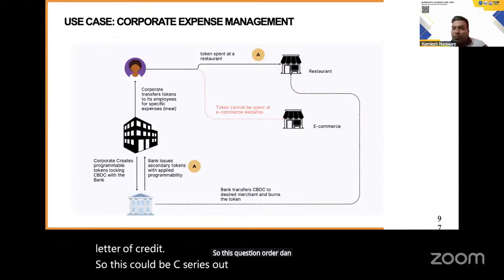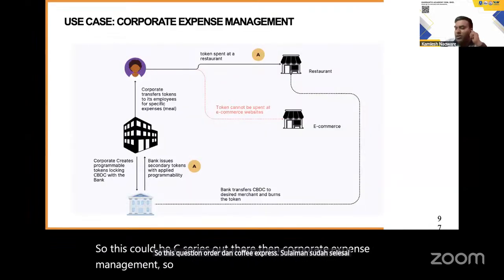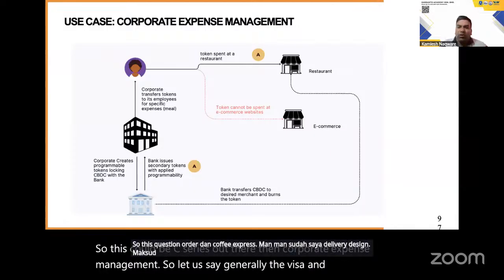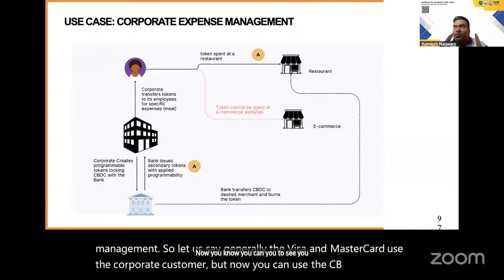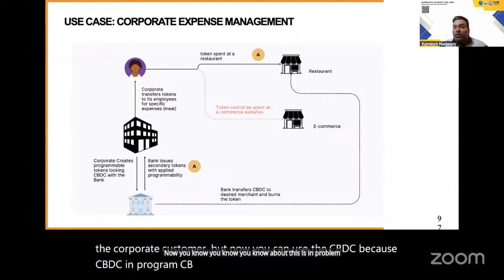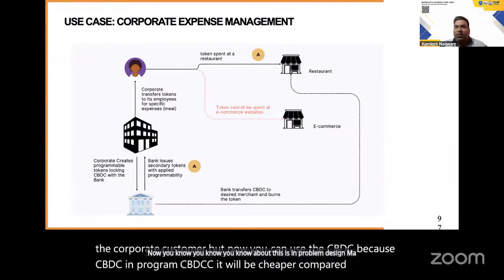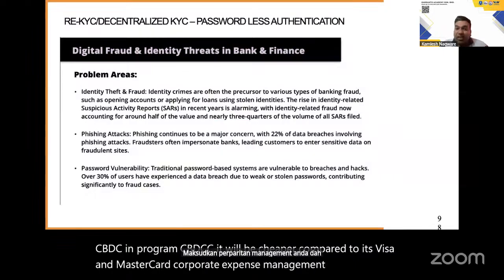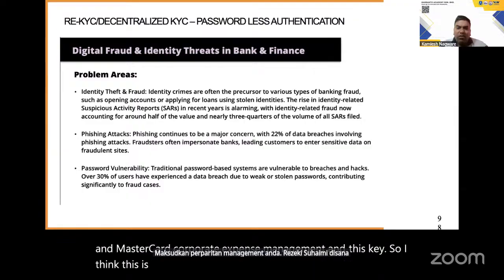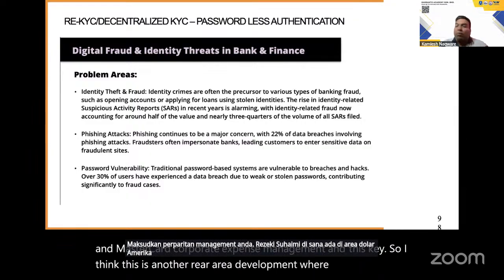Then corporate expense management. Generally Visa and MasterCard are used for corporate expense management, but now you can use programmable CBDC, which will be cheaper than Visa and MasterCard. Another area of development is passwordless authentication.